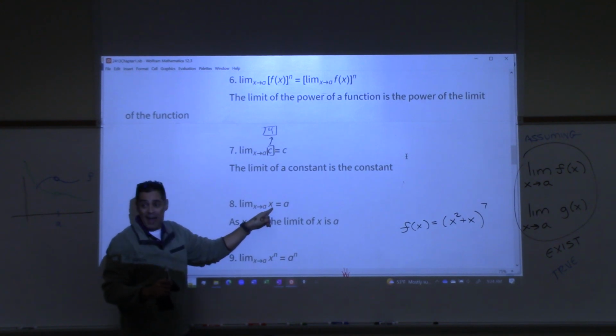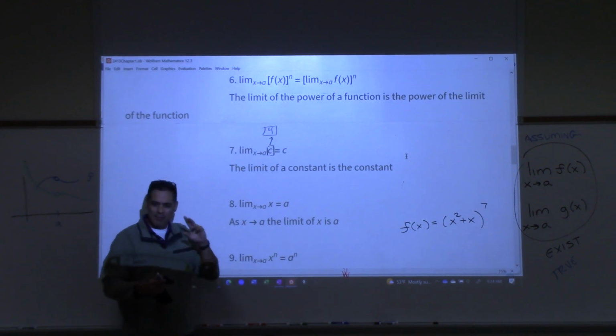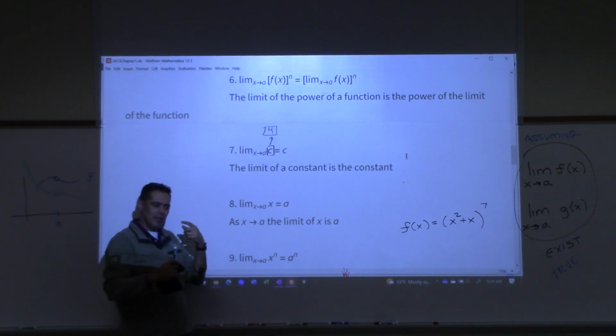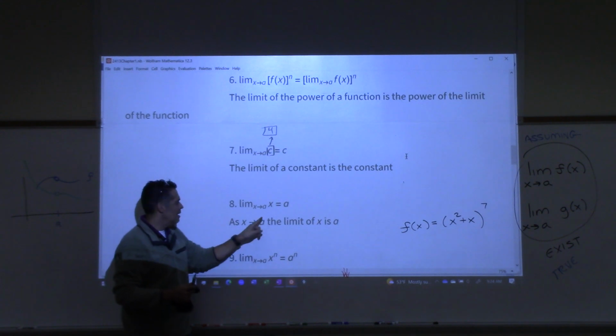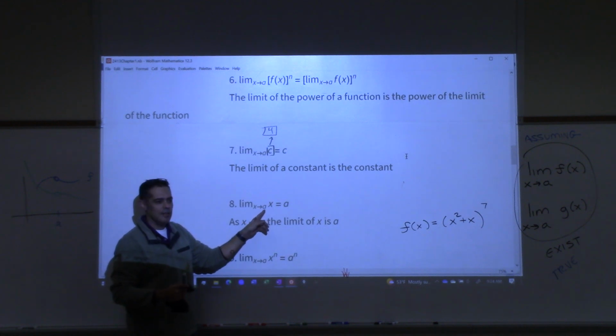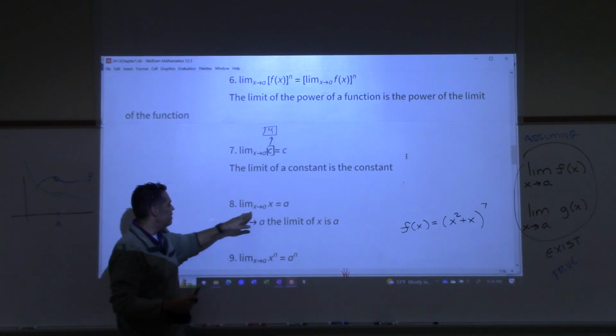What does x become? A. I mean, it's kind of a weird, dumb question. It's almost so easy it's hard, because I'm saying, hey, this is x, let x become a. What does x become? A. It's almost trivial, but that's a limit law.